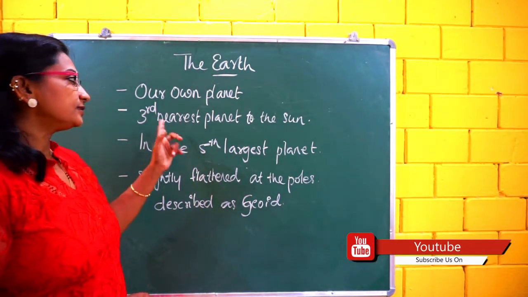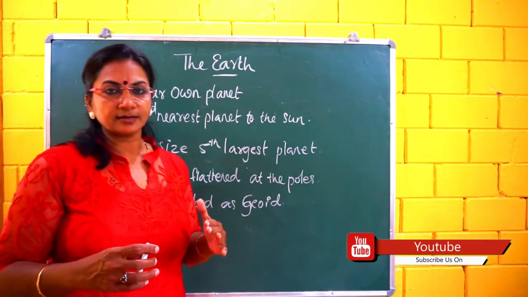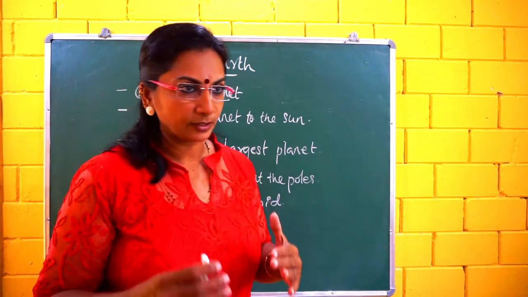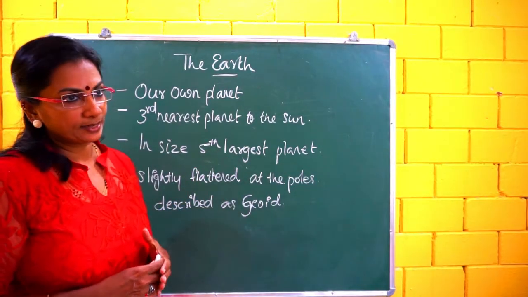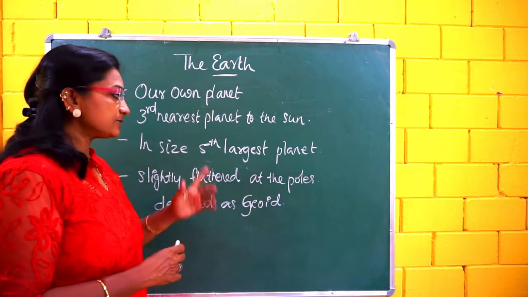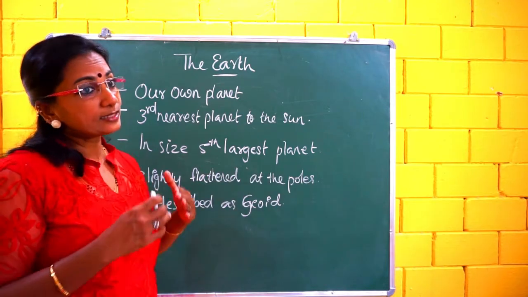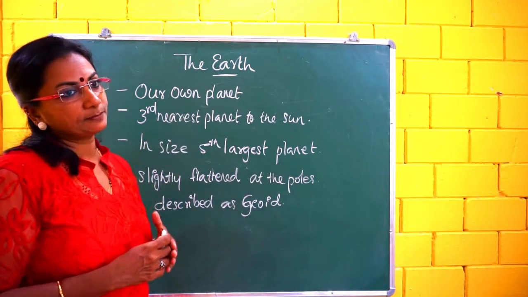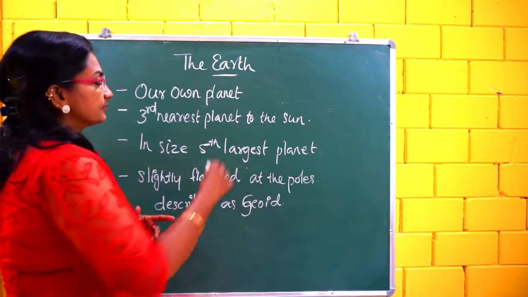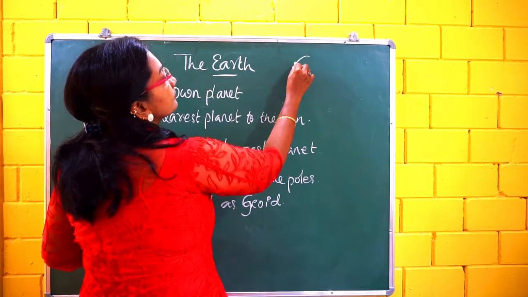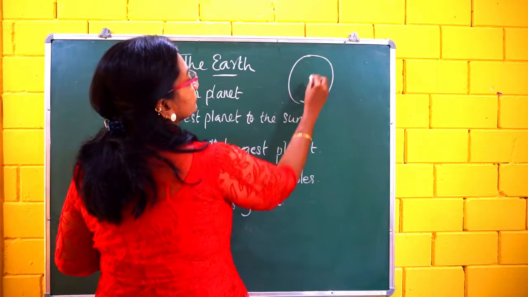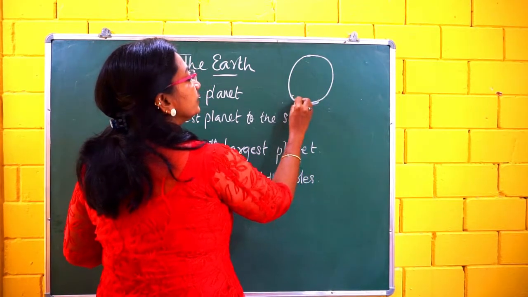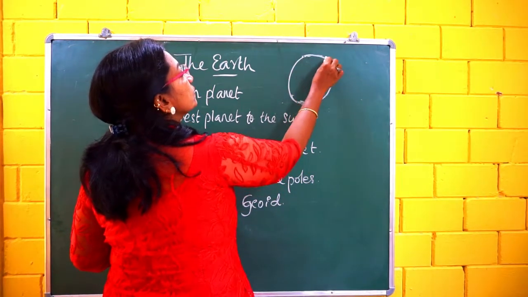It is the third nearest planet to the sun, and by size it is the 5th largest planet. Now I am going to draw it. Look, here it is flattened, and here it is flattened.